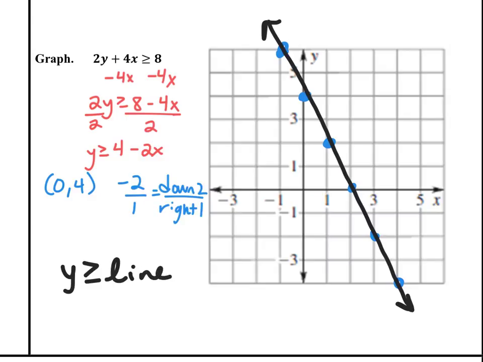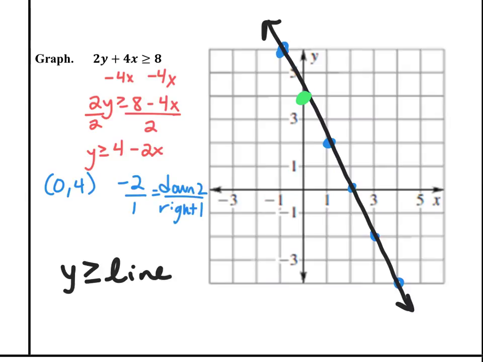So what I would do is go to my y-intercept and say from my y-intercept, I'm either going to shade the area that's above it or the area that's below it. It's y values greater than or equal to my line. So should I go from my y-intercept up or down? Point.